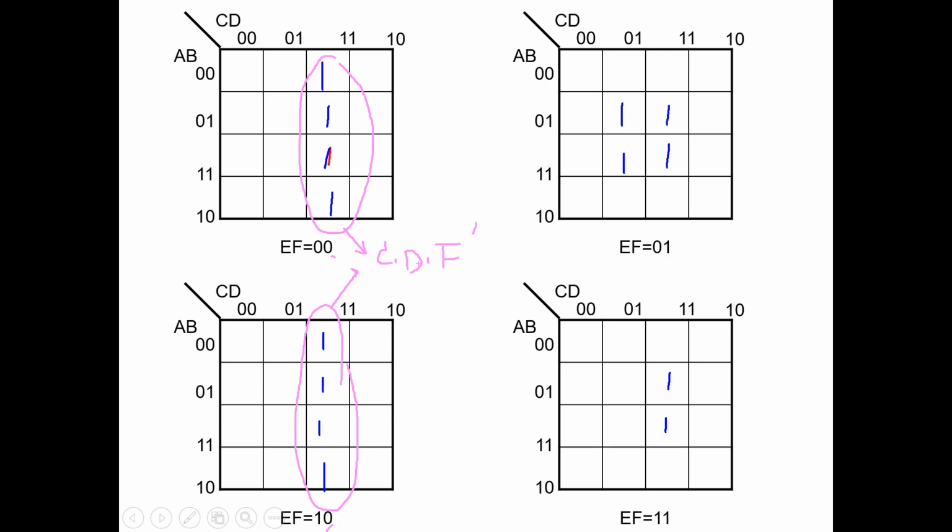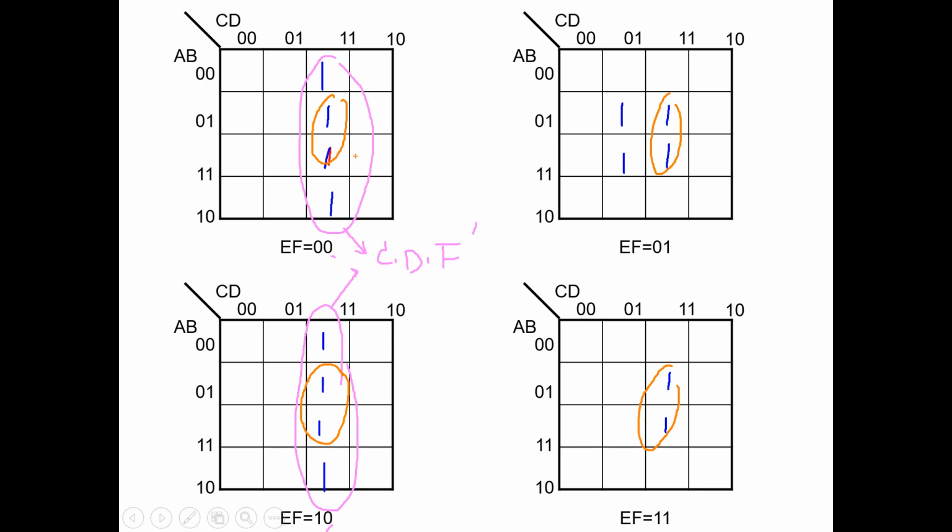Okay, how about this one? Let's change color. I select these two cells. Is that good enough? No. What should I do? How many cells? Four. You mean this one and this one? Yes? No. You can group this one also together.